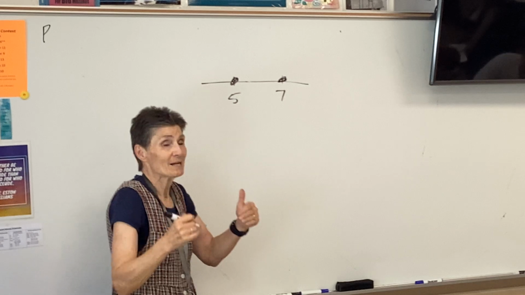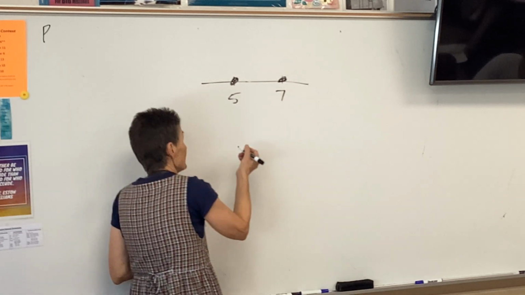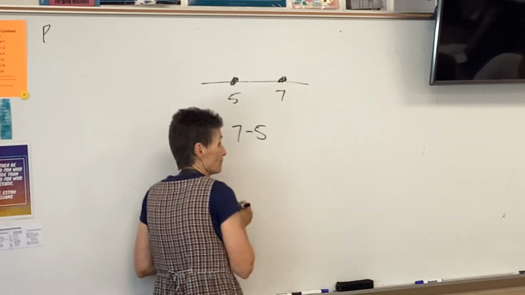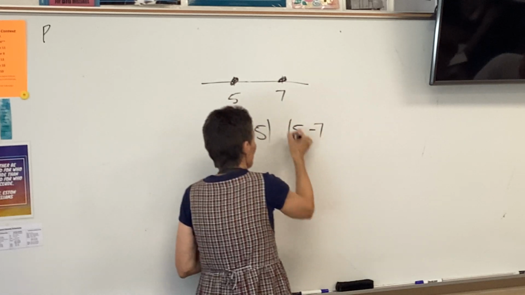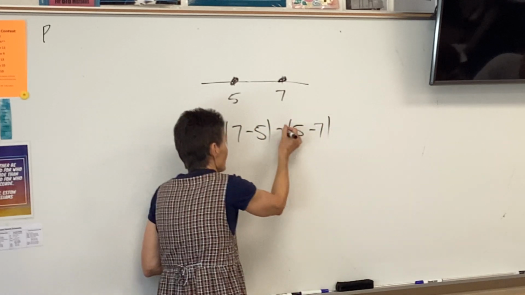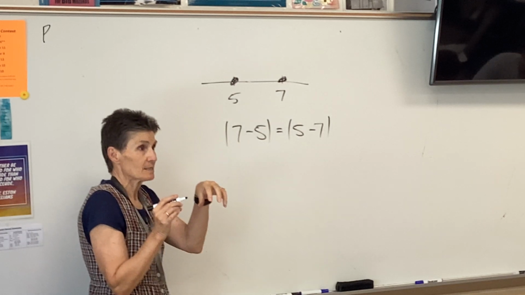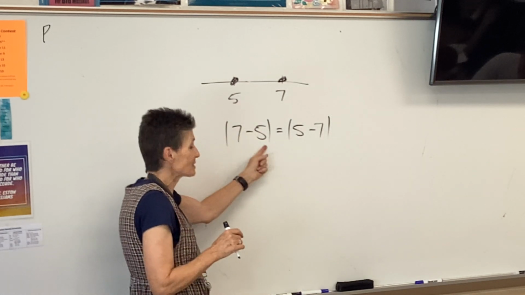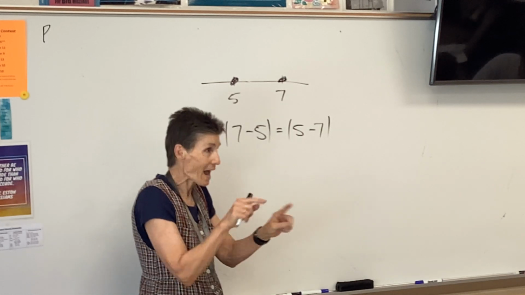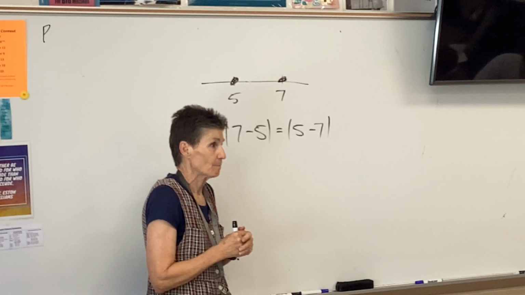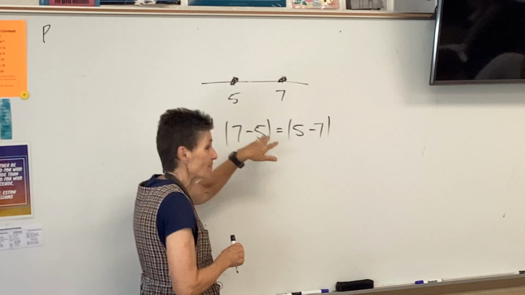And you got that by subtracting. You did 7 minus 5. You could also have done 5 minus 7 if you put it in absolute value. Those are the same thing. So the distance is simply the absolute value of the difference. In other words, subtract and take the absolute value.